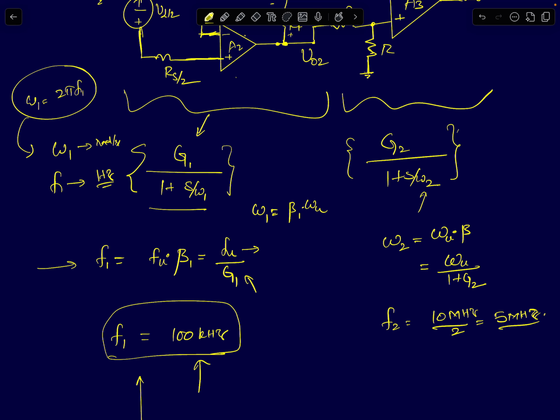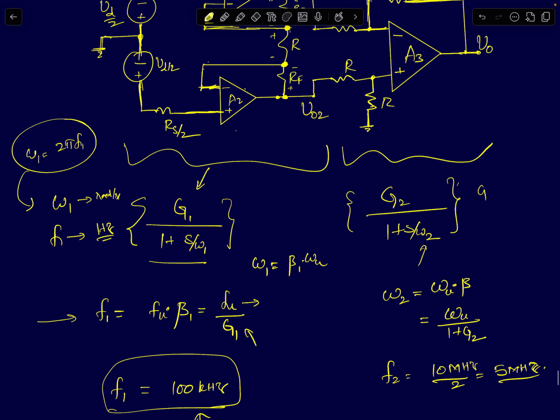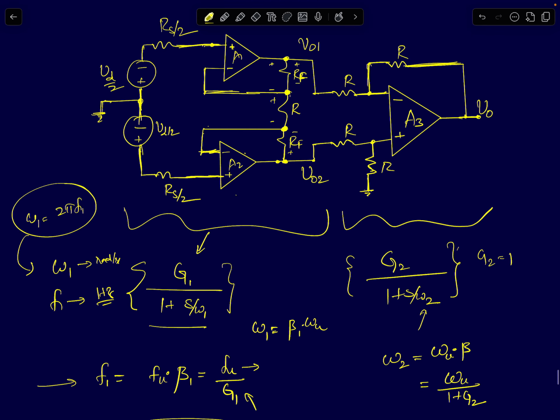For the second stage, the gain G2 is exactly equal to 1, and the feedback factor for this stage is just half, right? The first stage is being driven by the output of an op amp, so we can assume the small signal output impedance here will be 0. So the feedback factor will be R by R plus R, which is 1/2.